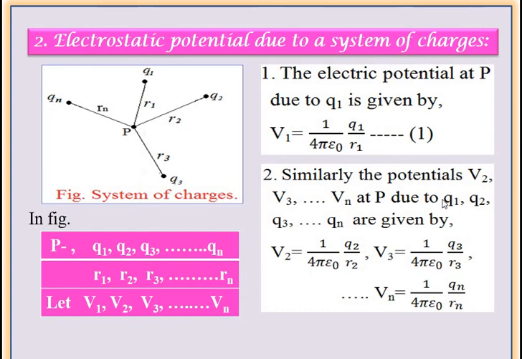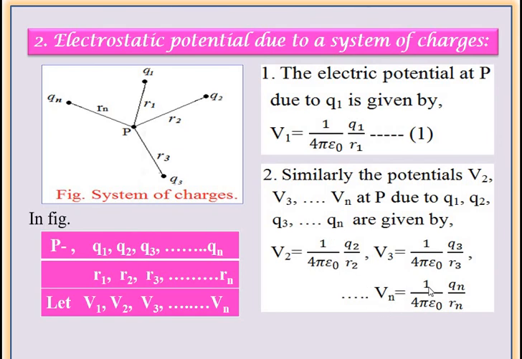Potential due to charge Q3 is V3. Therefore, V3 is equal to 1 upon 4 pi epsilon 0 into Q3 divided by r3. And the potential due to charge Qn is Vn.